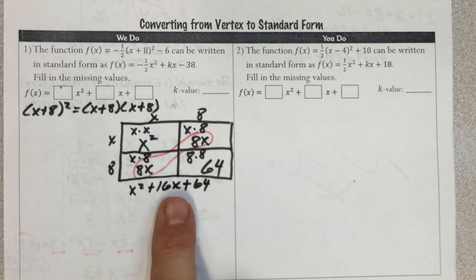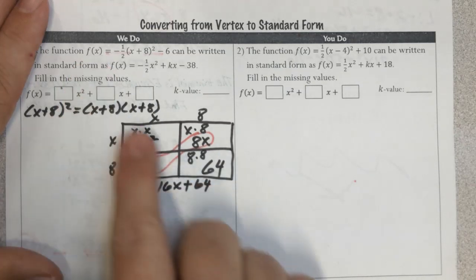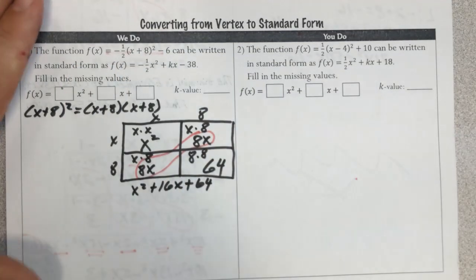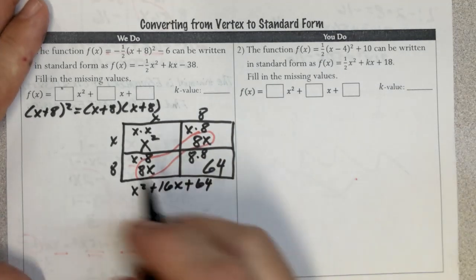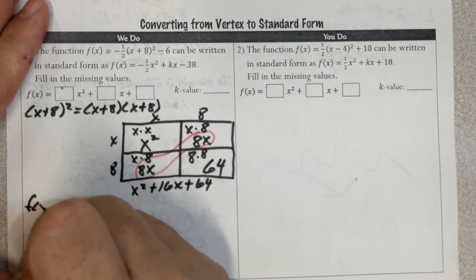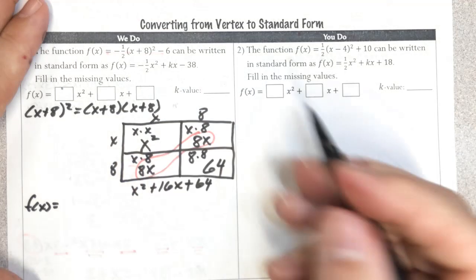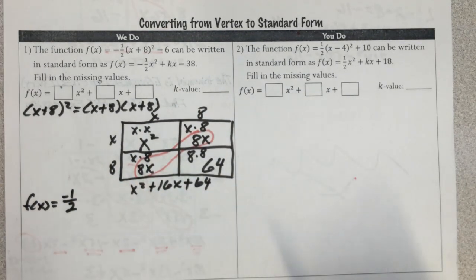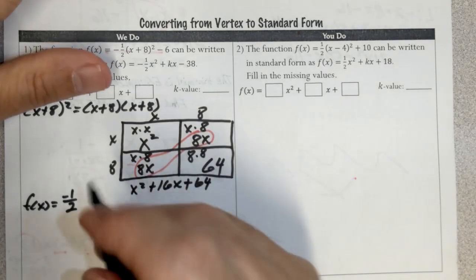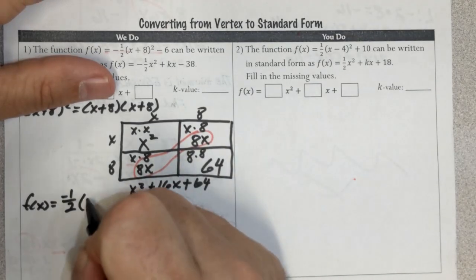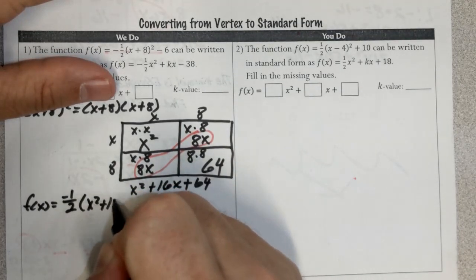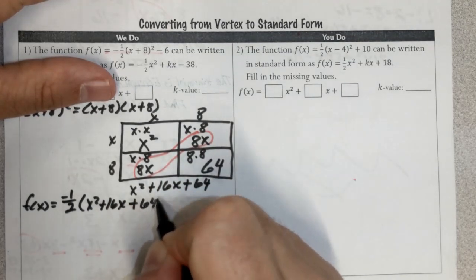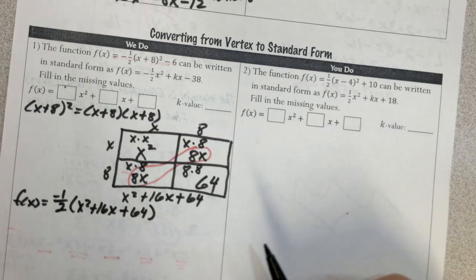So now we're going to rewrite f of x, except we're going to use this trinomial instead of the x plus 8 quantity squared. So f of x will turn into negative 1 over 2, x squared plus 16x plus 64, and then minus 6.